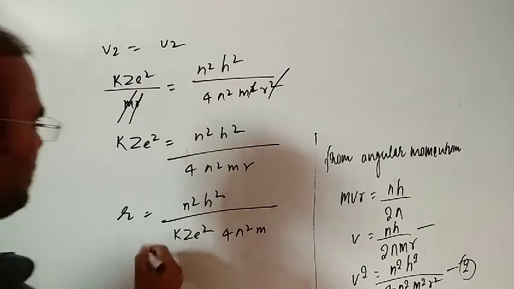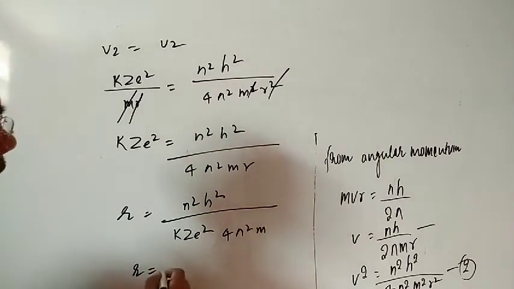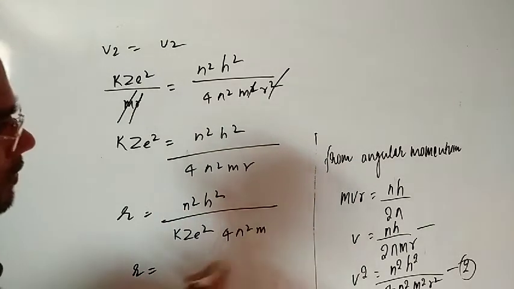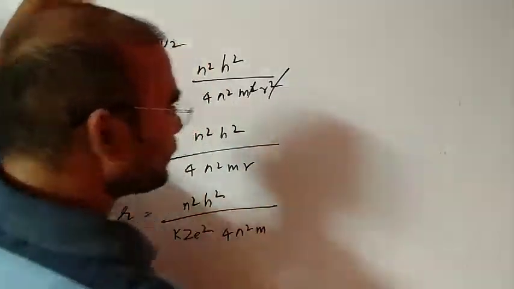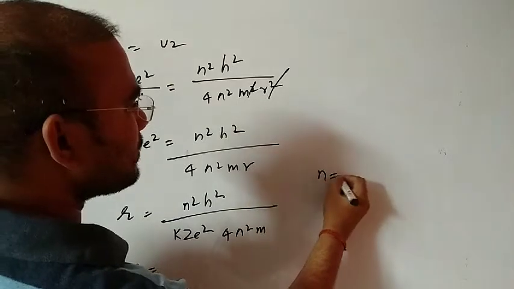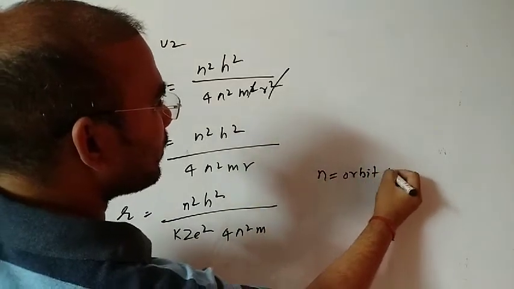Now in this equation, n is the orbit number.